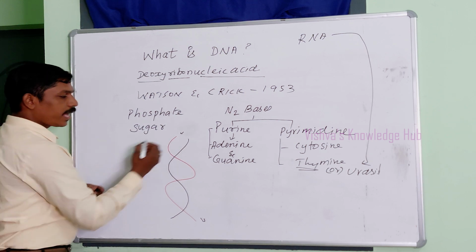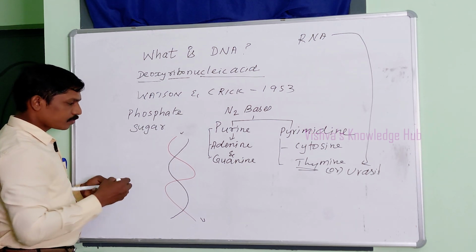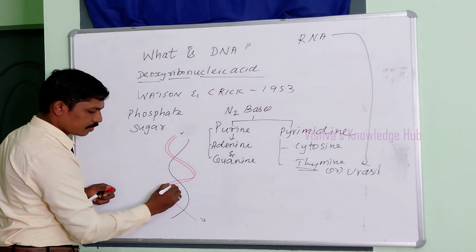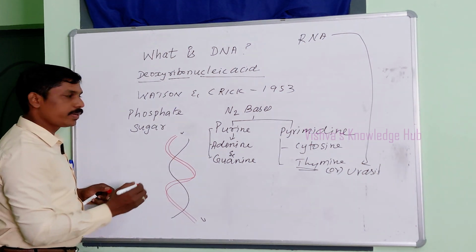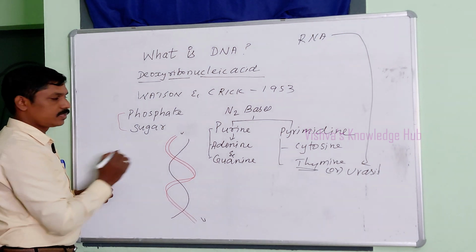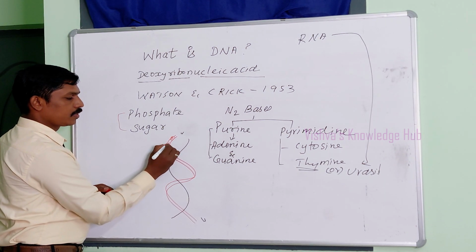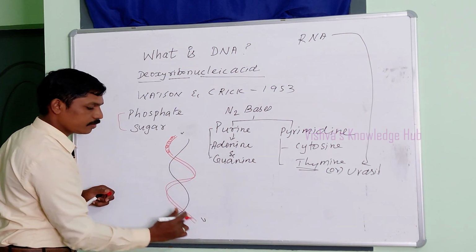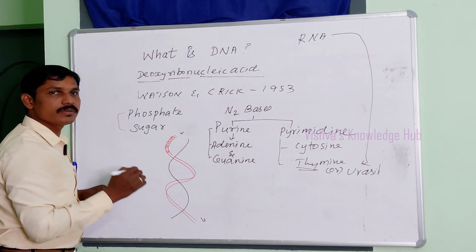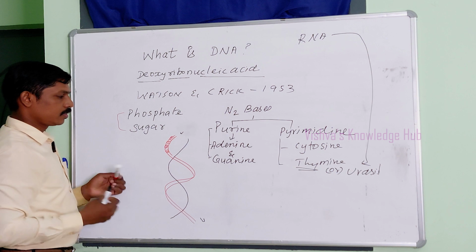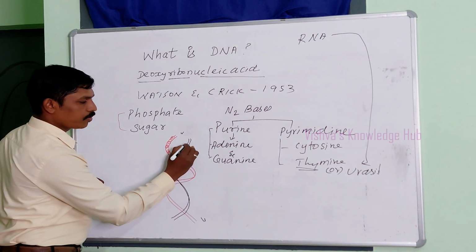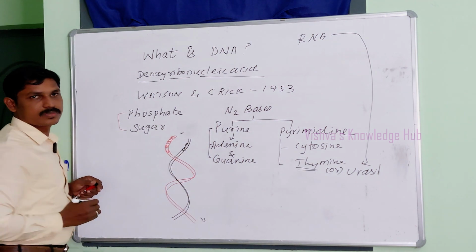So the backbone of DNA is made up of these two substances: phosphate, sugar, phosphate, sugar. All the backbone is made up of sugar and phosphate. Same as this strand also is made up of phosphate and sugar.